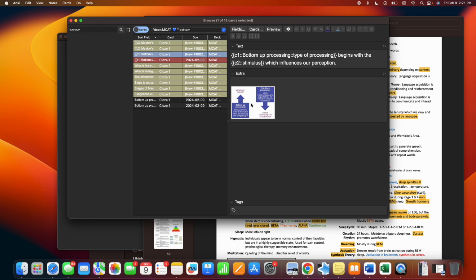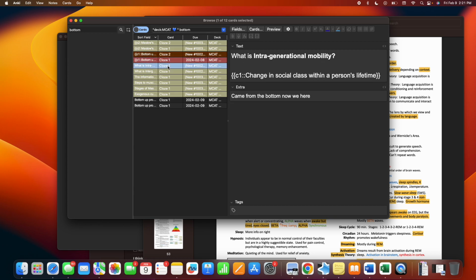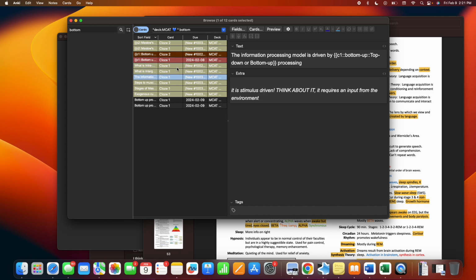It begins with the stimulus, which influences our perception. The information processing model is driven by bottom up processing, like the computer, right? You have a set of rules. It is stimulus driven. Think about it, it requires an input from the environment.